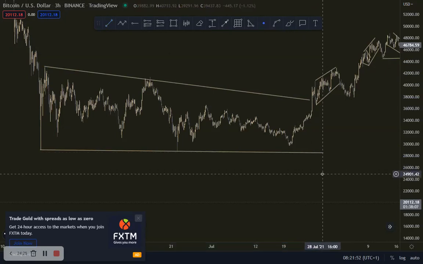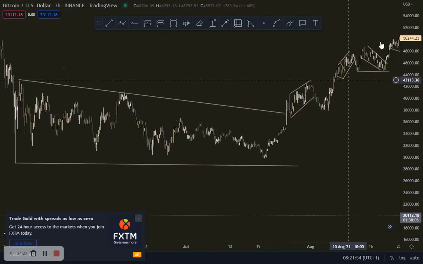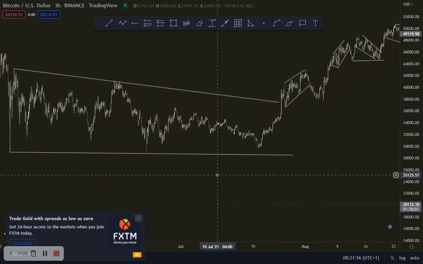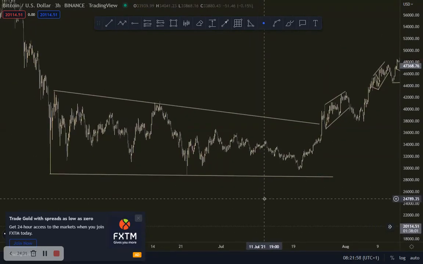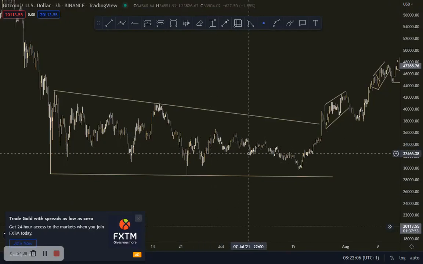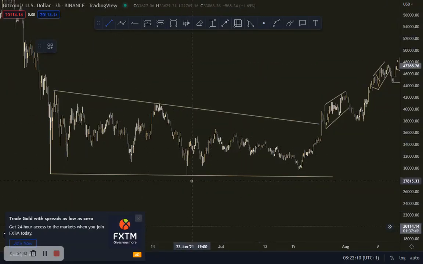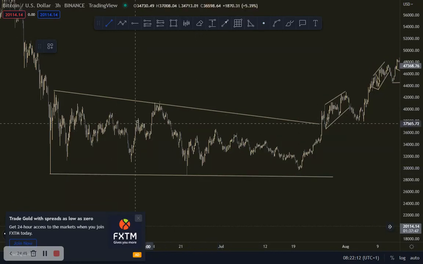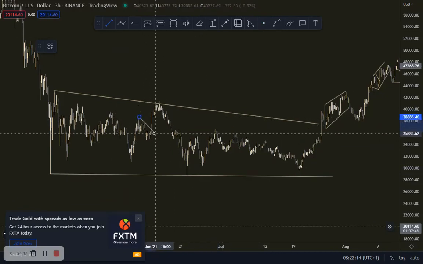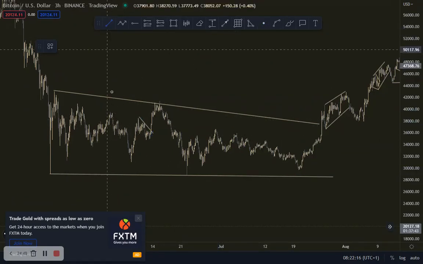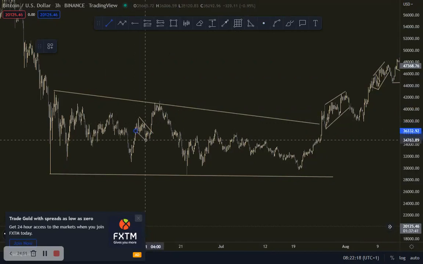We have this triangle. What happened? Price broke above and moved to the upside. I told you guys, price is fractal. You can find one pattern within another pattern, right? So like this triangle pattern now, you can still find a flag inside this pattern, right?